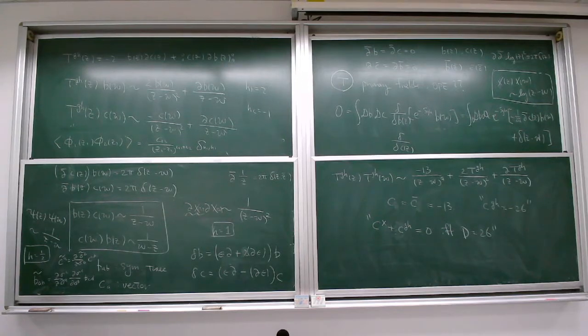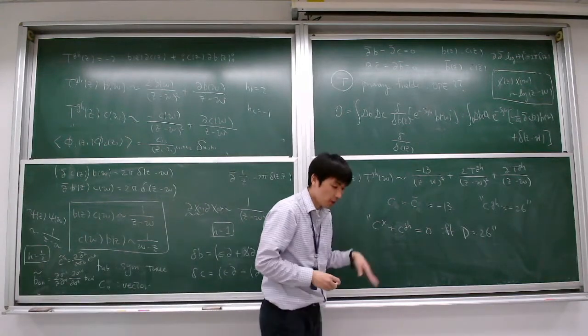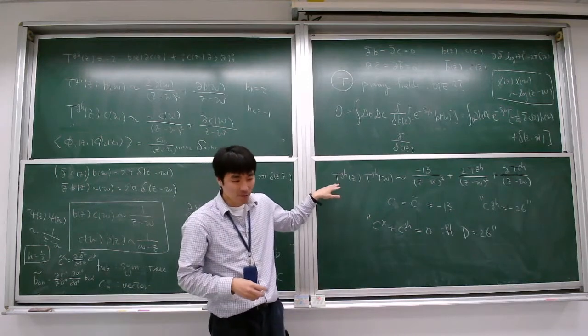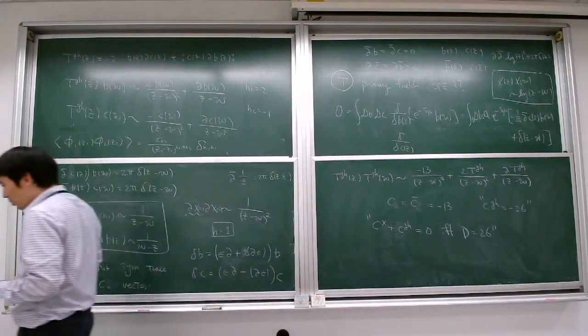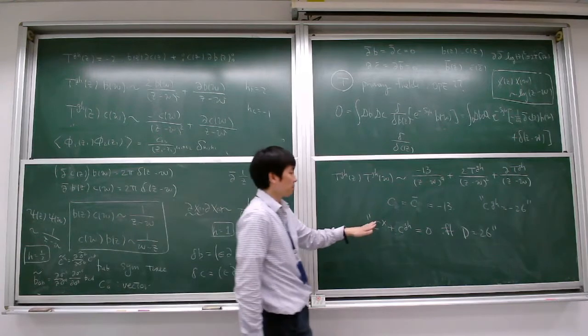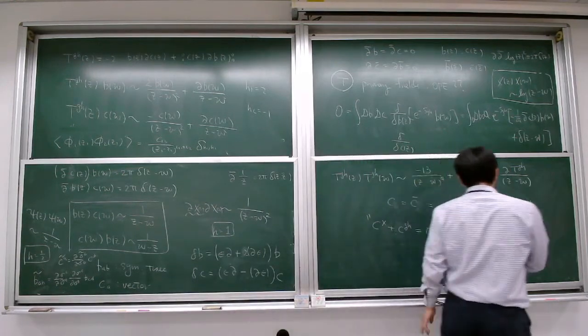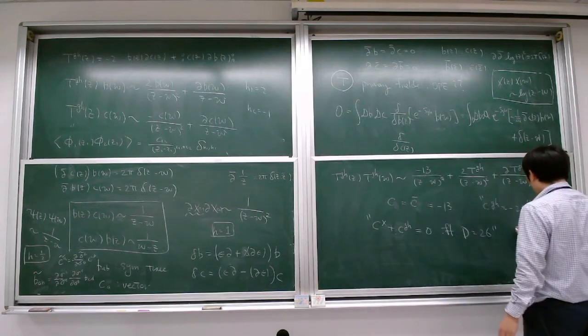Okay, so we talk about bc ghost and the CFT. Yeah, so you have to prepare a little bit. So again, computing the central charge, if d is equal to 26, it is free from anomaly.